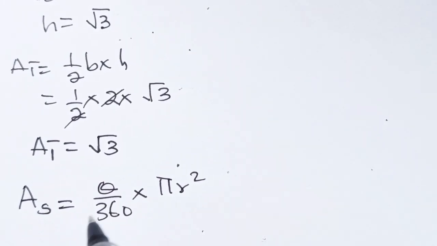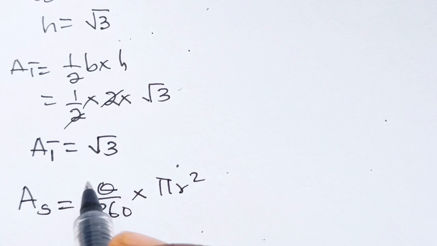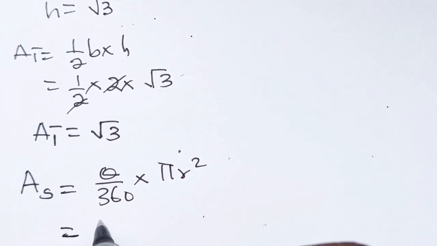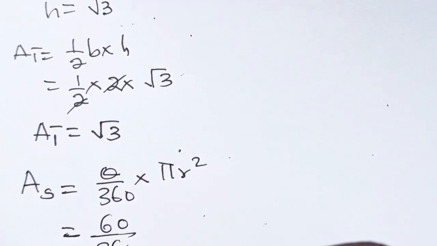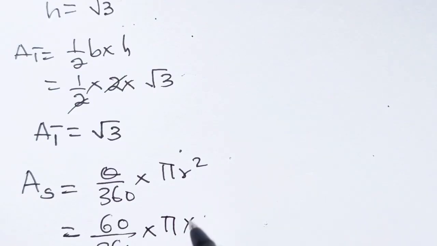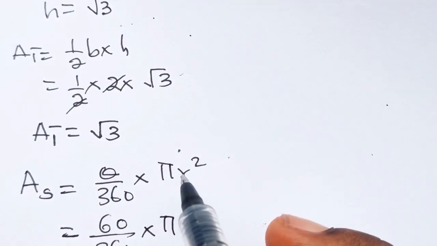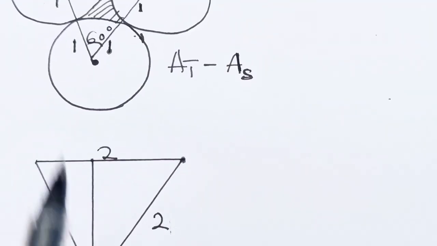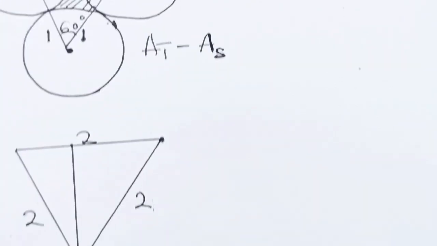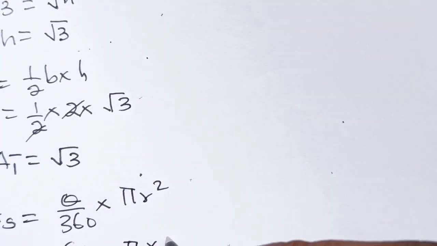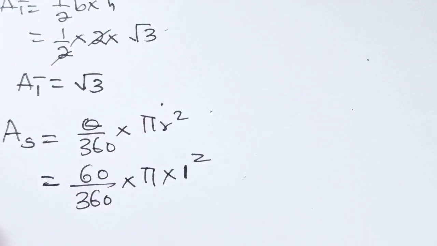So remember that our theta is 60, so we have 60 divided by 360 times pi times r squared. Remember that the radius of each of these sectors is 1, so it's going to be times 1 squared.